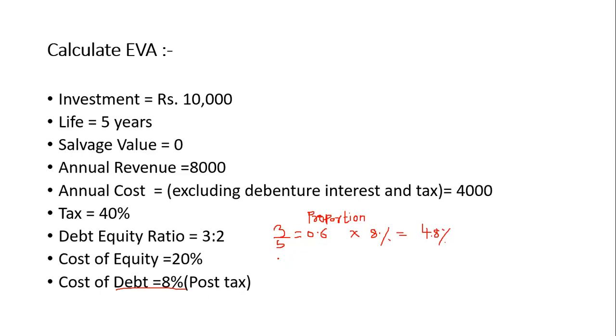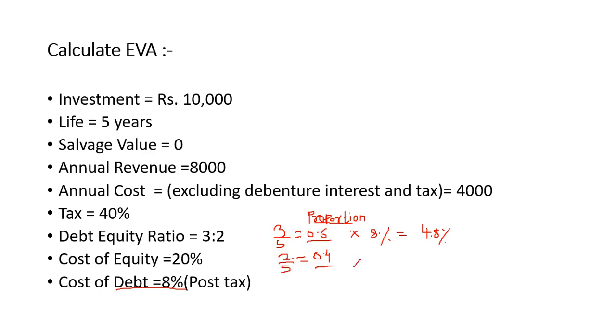Next we will do equity. 2/5, how much will 2/5 be? 2 divided by the total 5, 0.4. This is the proportion.